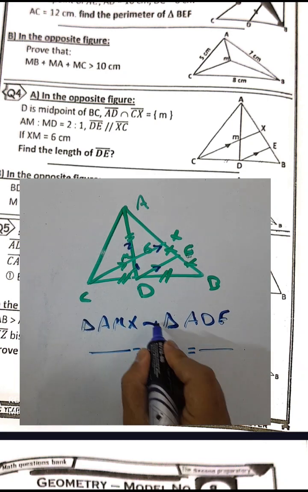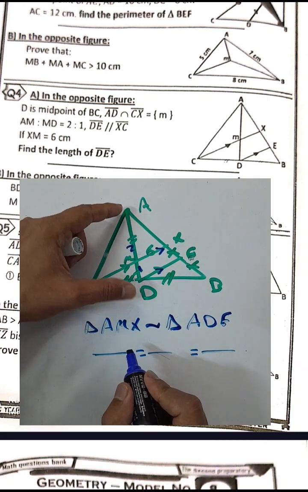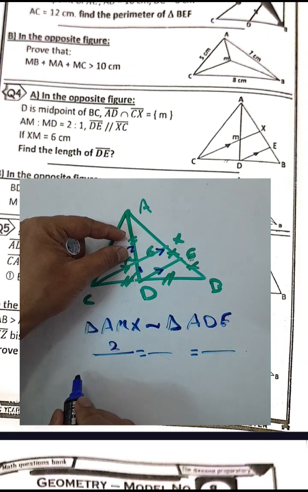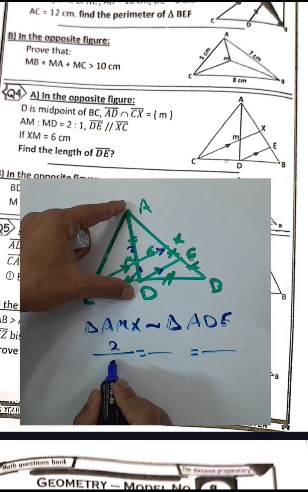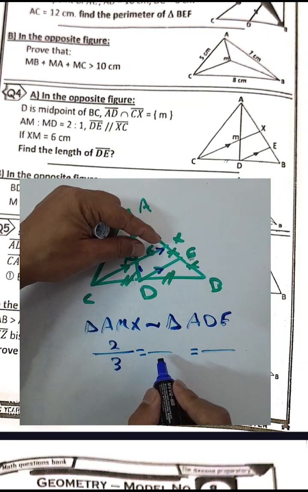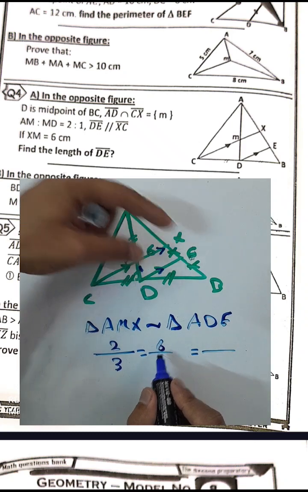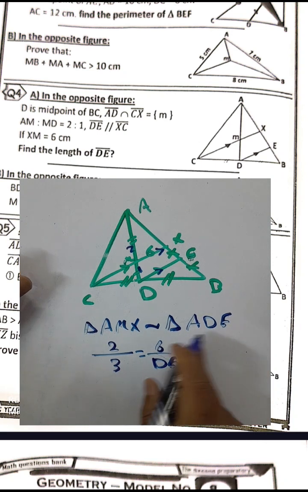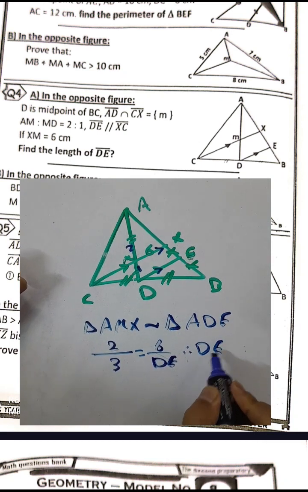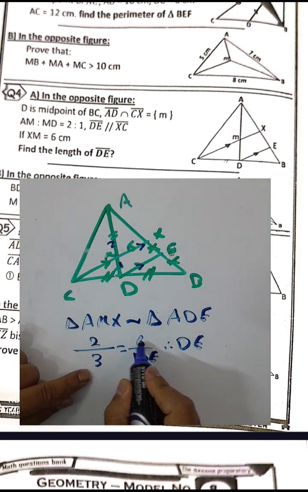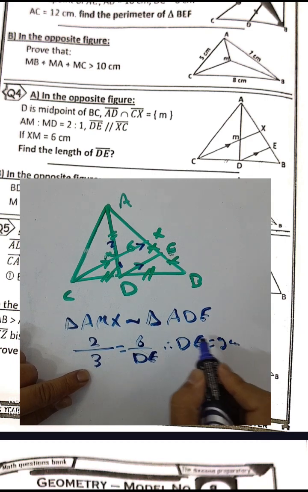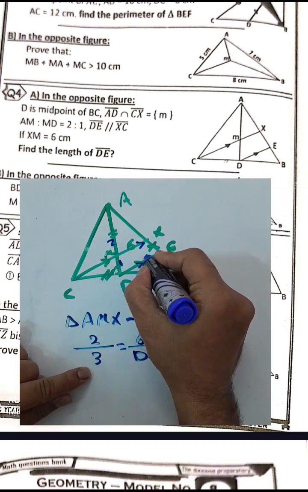Then you can write the ratio from these triangles, 2 over 3. It will be 6, the smallest side, over the greatest side length DE. Then you can find the length of DE. 3 times 6 equals 18, divided by 2 equals 9. Then DE is 9 centimeters.